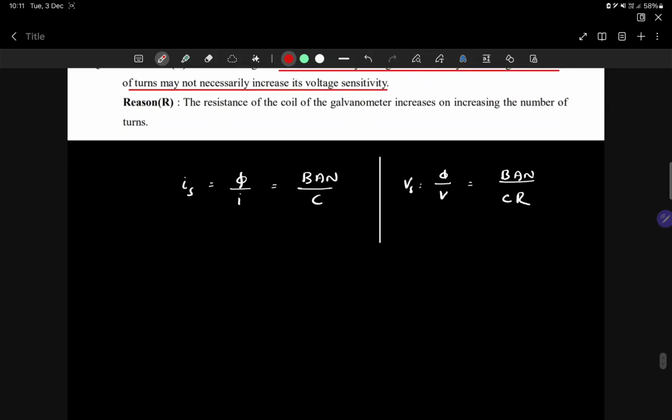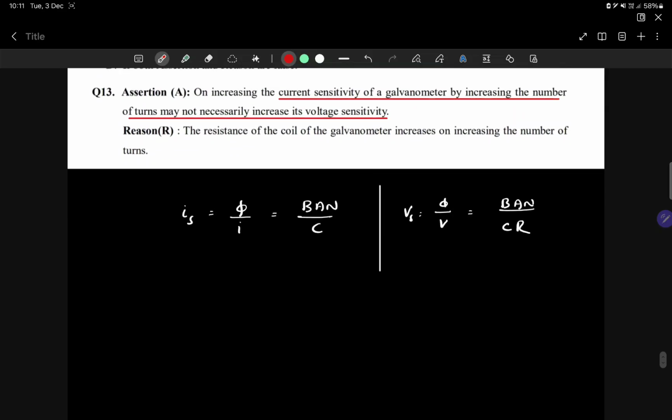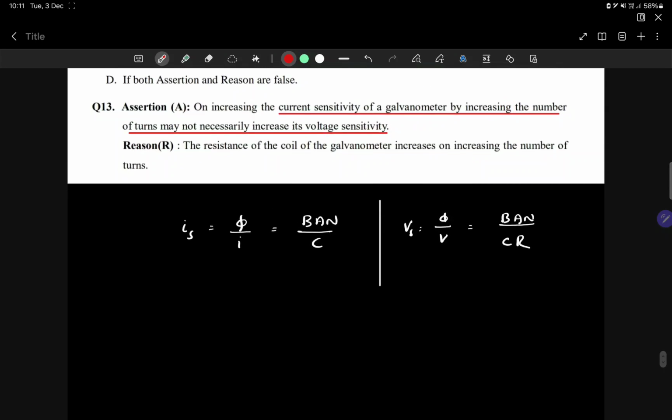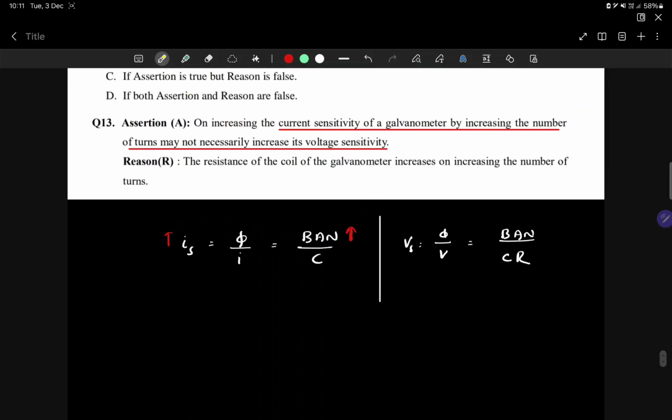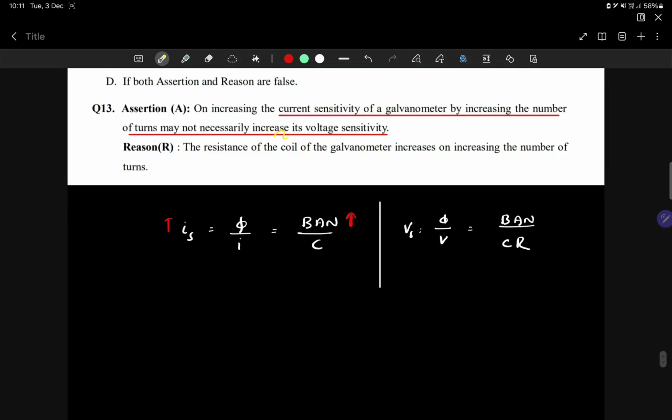Now see in this formula, current sensitivity increases by increasing the number of turns. Number of turns and current sensitivity are directly proportional to each other. Yes, it is true. But it is written, it may not necessarily increase its voltage sensitivity, because if we increase the number of turns, then length also increases, and length increases means the resistance will increase.